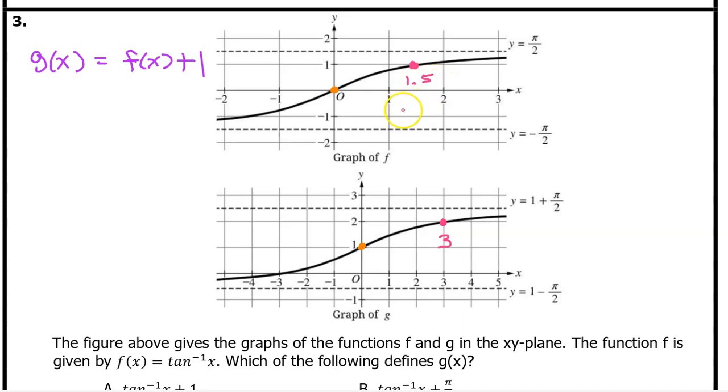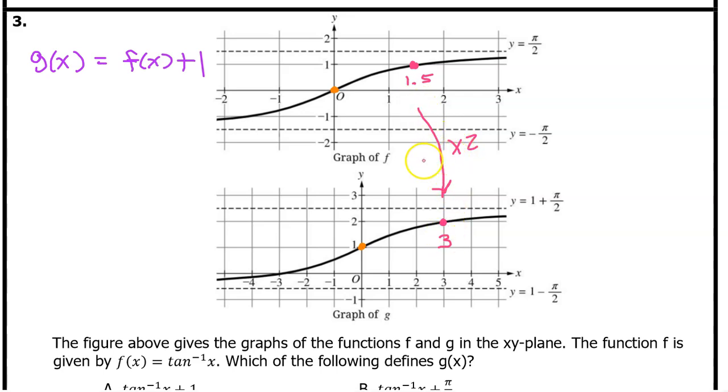So from f to g, this point went from a horizontal position of 1.5 to a horizontal position of 3. In other words, this x value has doubled. So this is a horizontal dilation by a factor of 2.